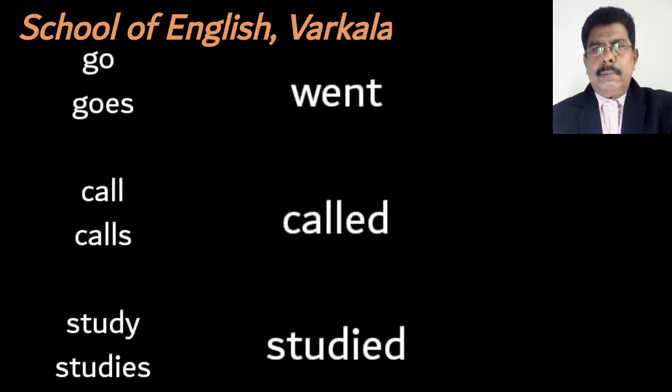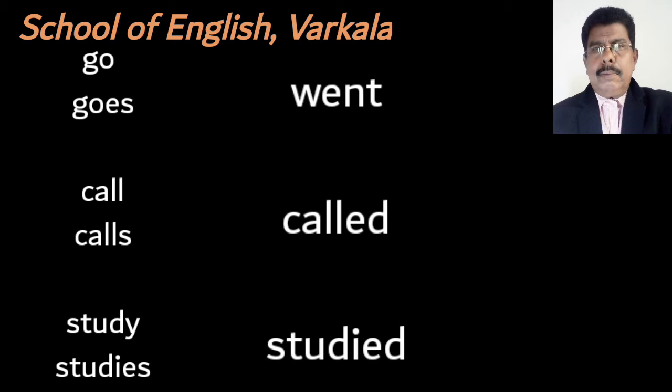Look at the second pair: call, calls, present form. Its past form is called. Same is the case with the third pair also: study, studies. In order to become past, the verb in present tense, study, removed y and suffixed ied. That's all. It did not seek the help of any auxiliary verb.